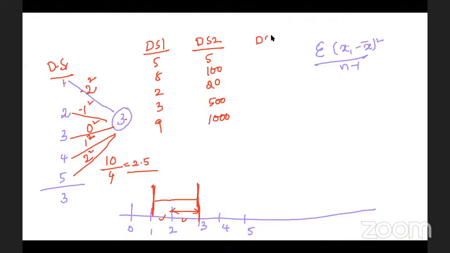Data set 3. If you have understood the concept correctly, you should be able to tell me which data set will have the highest variance without computing. Just examine the numbers and post in the chat window which data set will have the highest variance out of these three data sets.